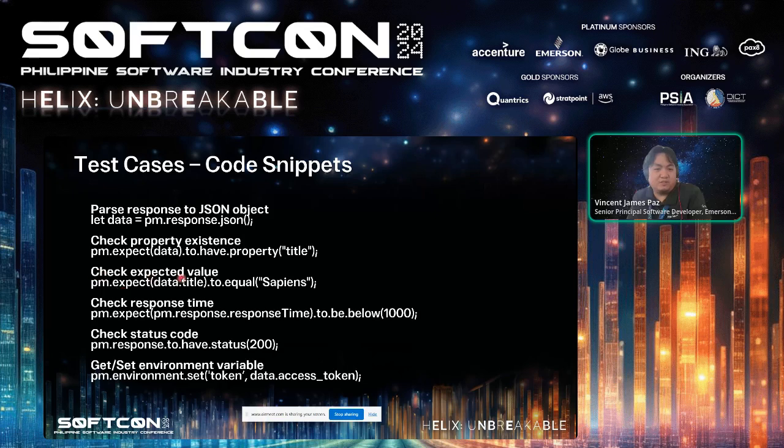If you want to check if the expected value is correct, you can use pm.expect equal to, just pass the object property here, and then provide the expected value of that property. And then the response time, status code, and just like what I showed you earlier, you can get and set the environment variable using this code snippet.